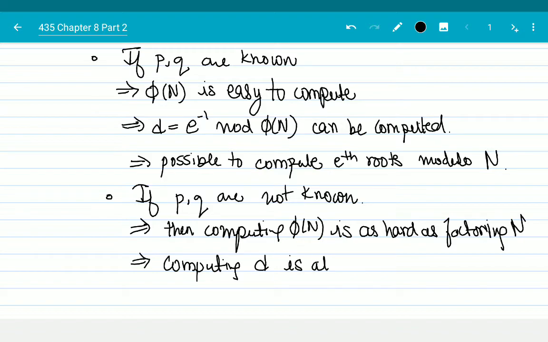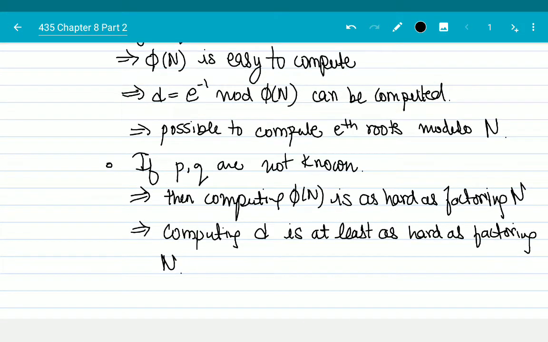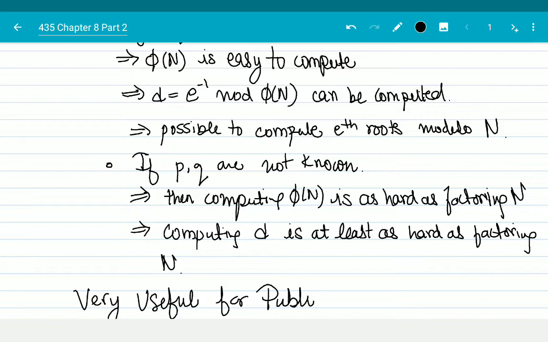And this is very useful for public key cryptography.